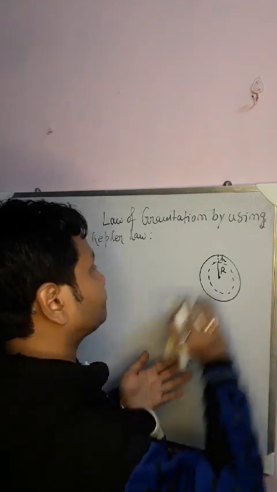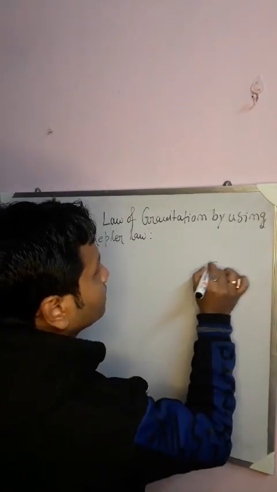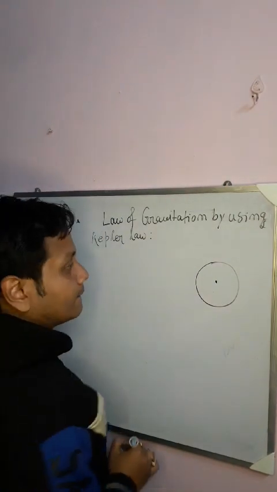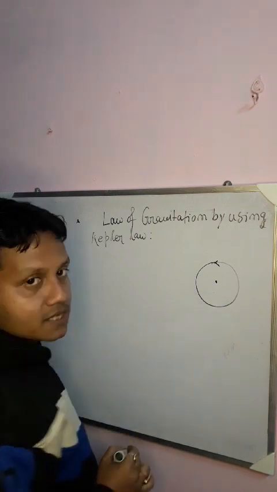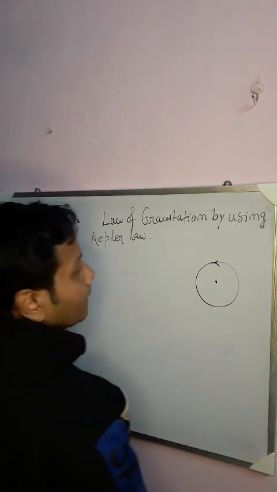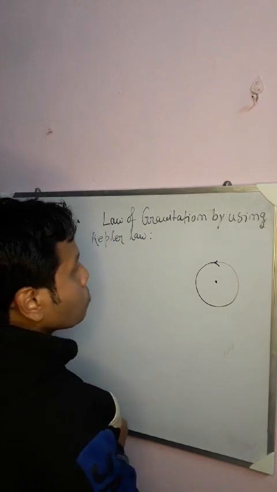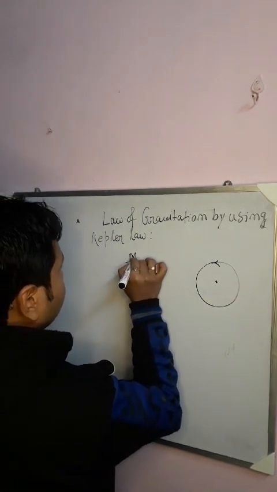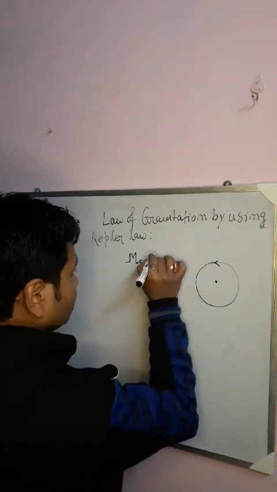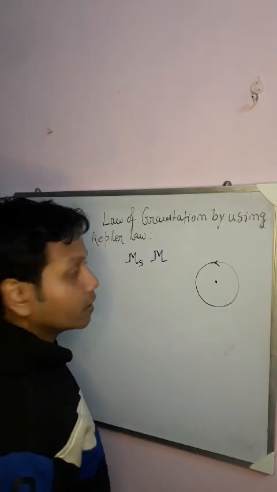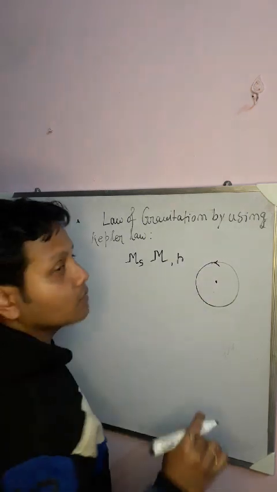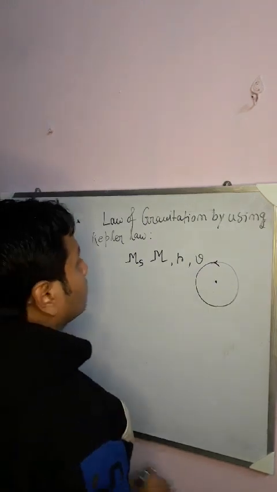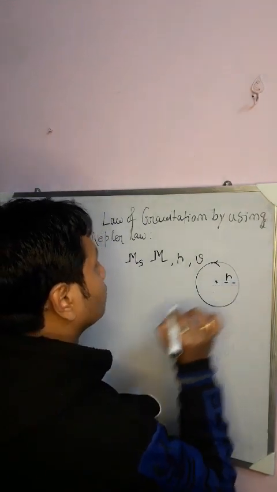So if we consider the sun, and the earth is revolving around the sun, we take this example. Consider ms, this is the mass of sun, m mass of earth, and r is the radius of the orbit, and v is the orbital velocity of earth rotating around the sun. That means this is r.